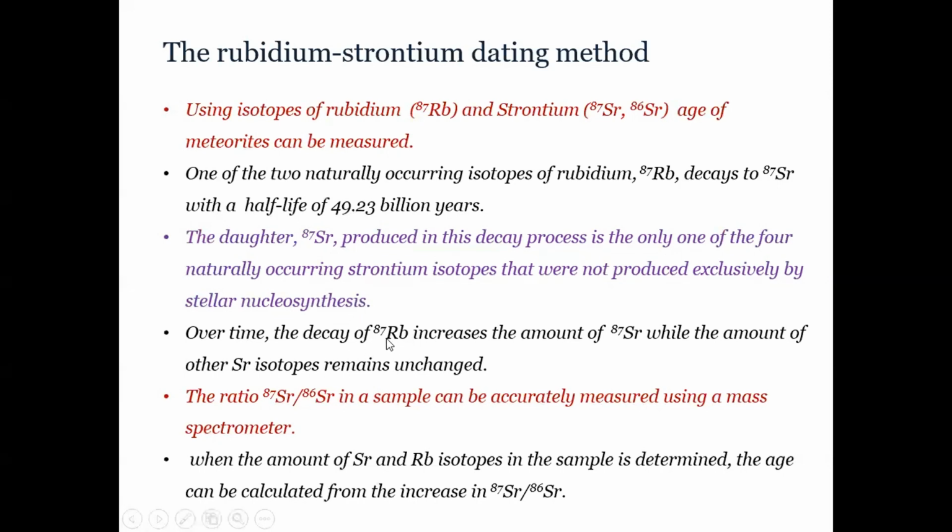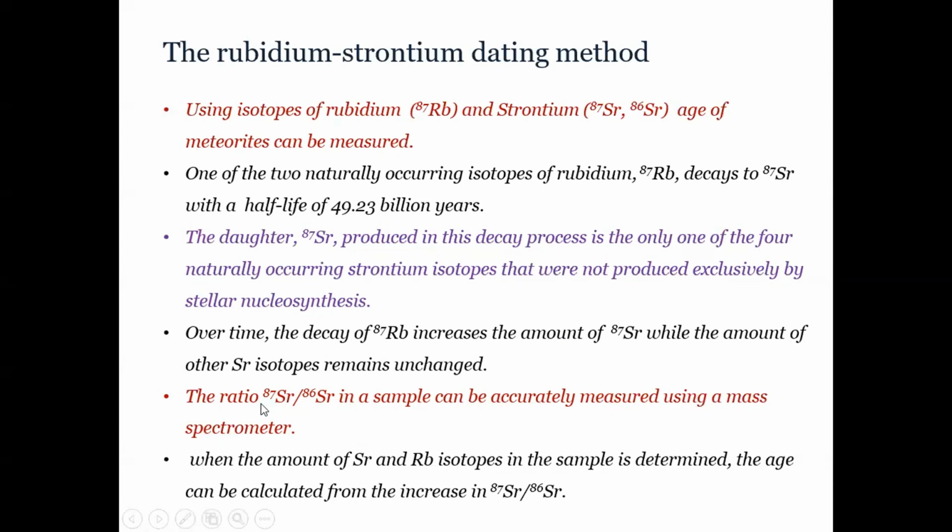So over time, the decay of rubidium increases the amount of strontium-87, while the amounts of other strontium isotopes do not change. Therefore, the ratio of strontium-87 and strontium-86 in a sample can give you an accurate measure and let you know the time.